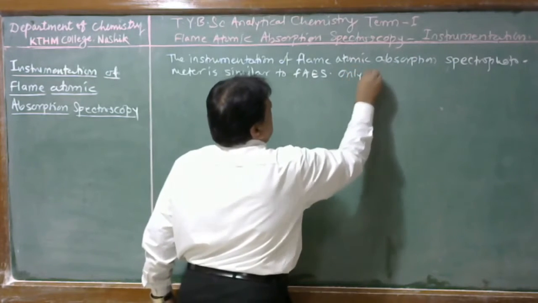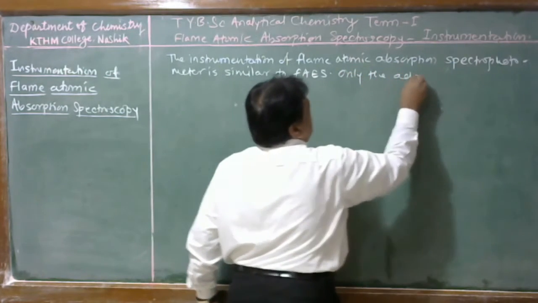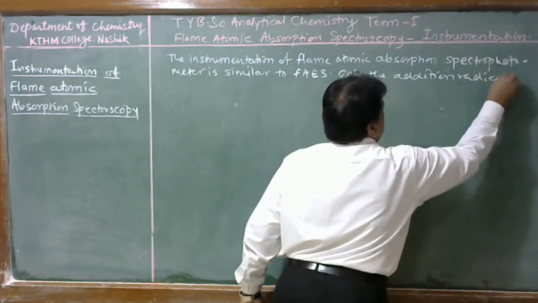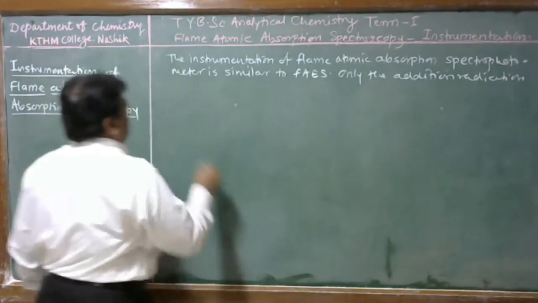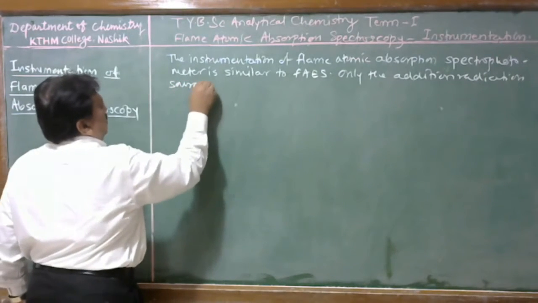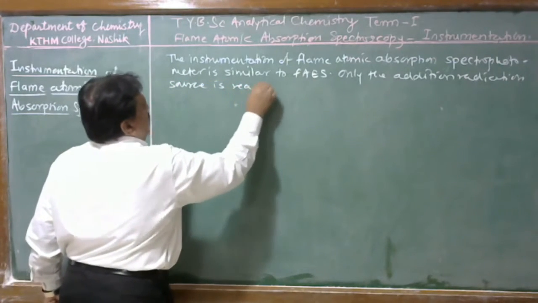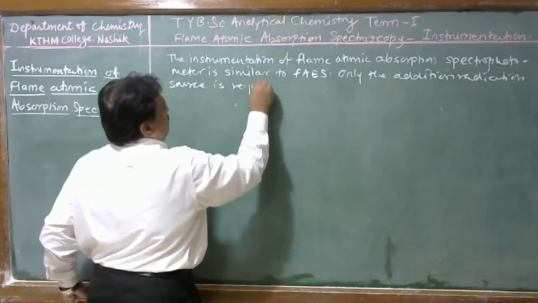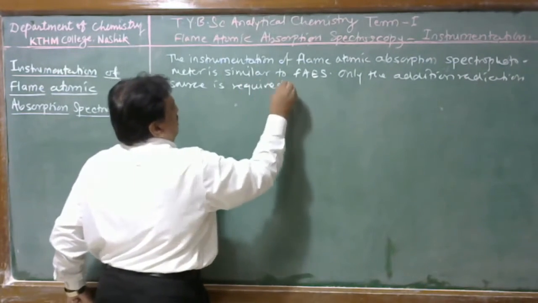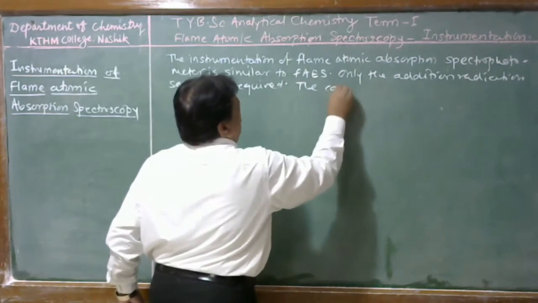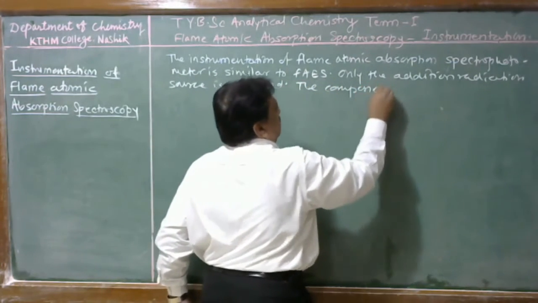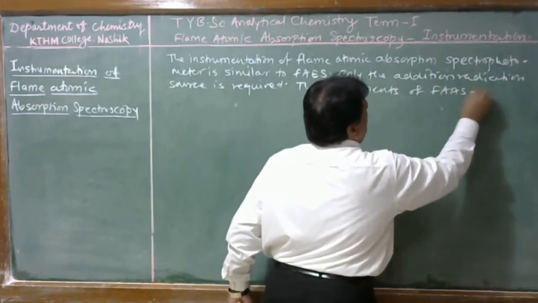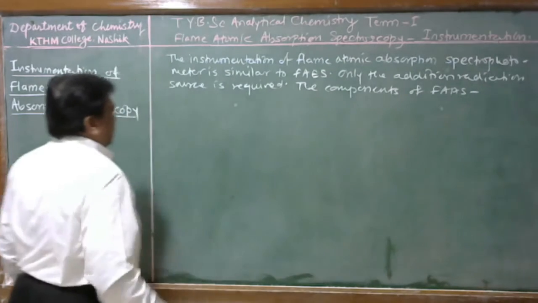Only the additional radiation source is required. Therefore, the components of flame atomic absorption spectrophotometer are like this.